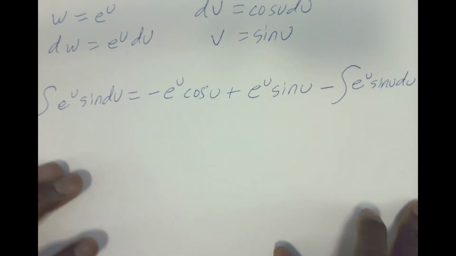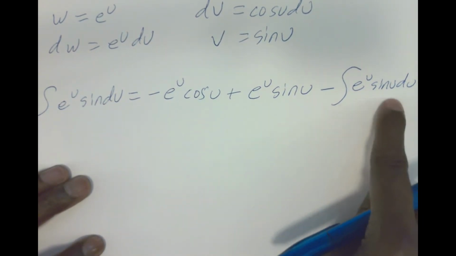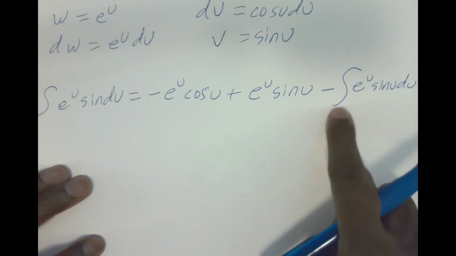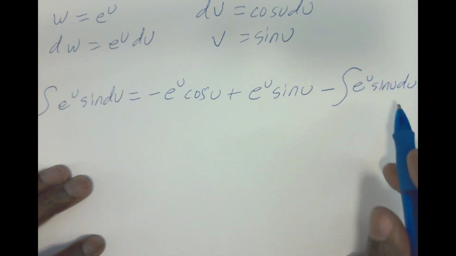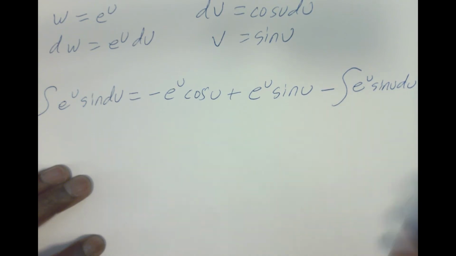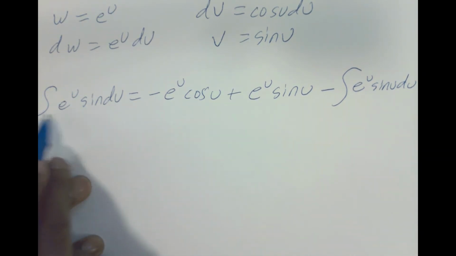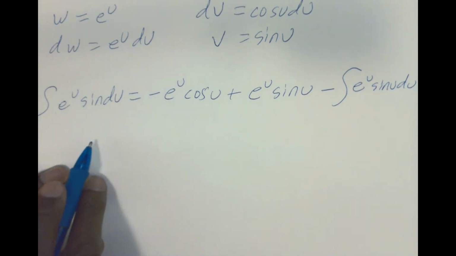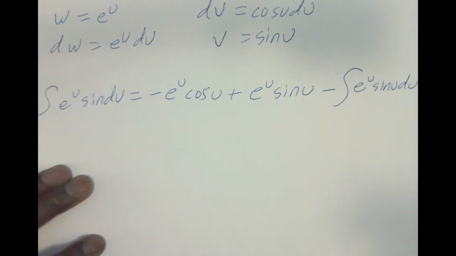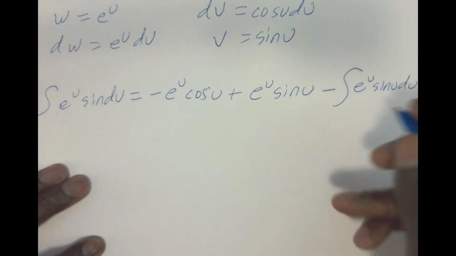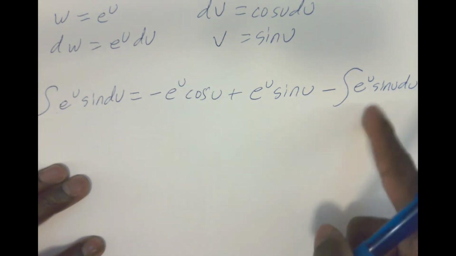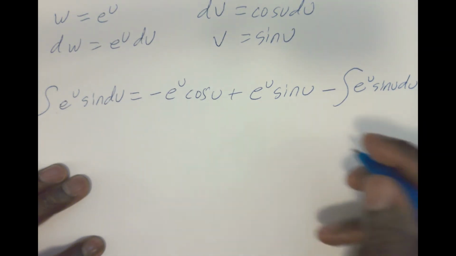And now you might say, well, here again, we have this insurmountable integral, right? And you will say, okay, so what you're going to do, just make w equal e to the u again and dv equal sine u du and just keep on doing this forever. Well, the thing is, the integral of e to the u sine u is what I'm trying to solve for. So there's no need to integrate further because I can just isolate this. So I can add an integral of e to the u sine u du to both sides.